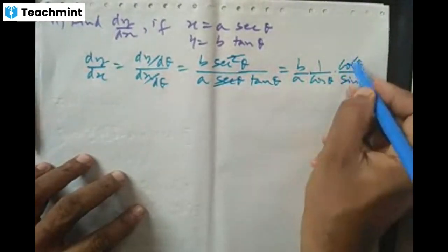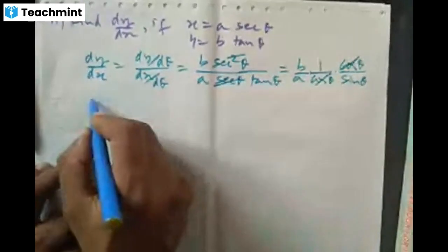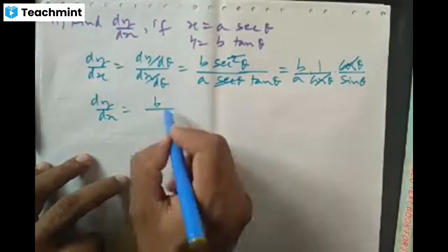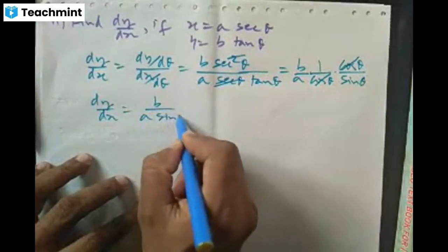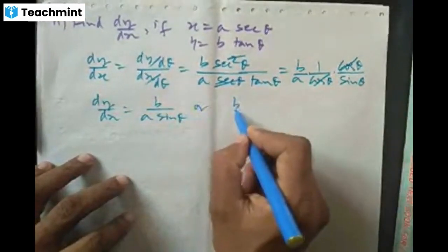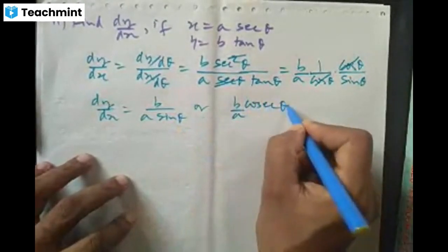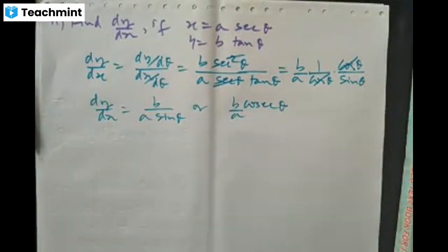Now I can cancel cos theta and cos theta. So therefore, dy by dx is equal to b divided by a into sin theta, or you can also write b by a into 1 by sin theta is cosecant theta. Correct? So dy by dx is b by a sin theta or b by a into cosecant theta. Right?